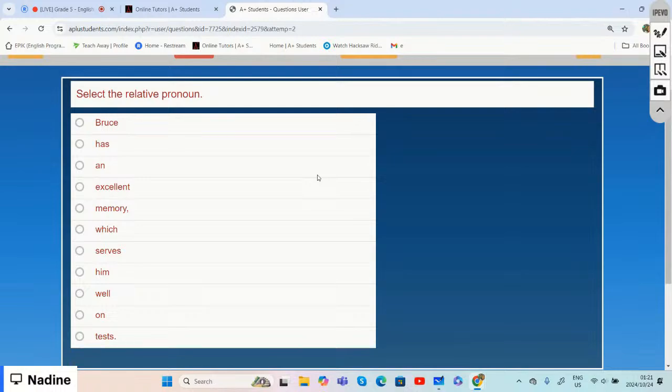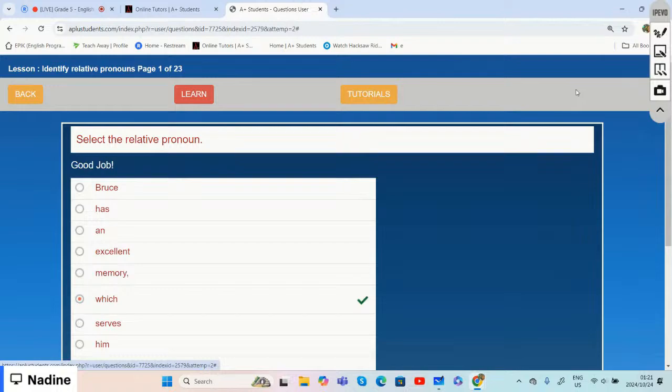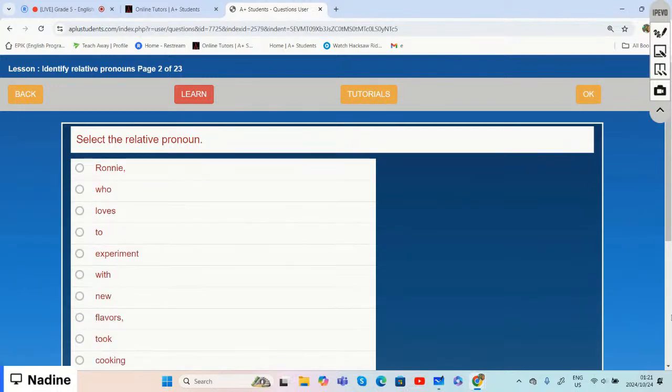If we were to choose the correct one, then yes, we will choose option six, which is which. Well done. Which is correct. Option six.